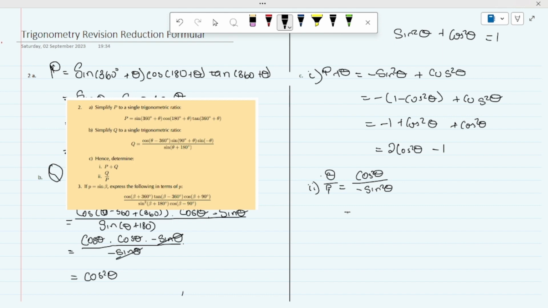So it's going to be minus 1 over tan squared theta, basically. So this is the answer, guys.